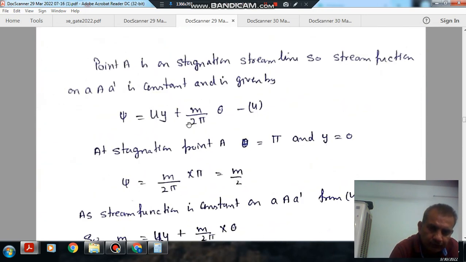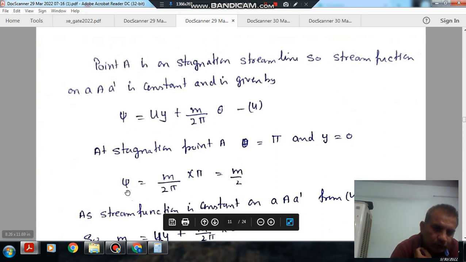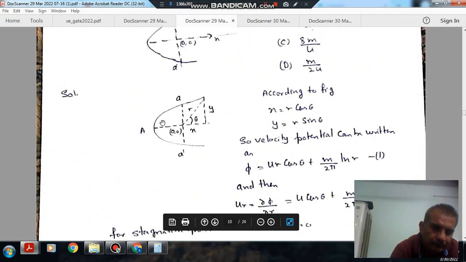So this is the general stream function, and at point A the theta is equal to pi and y is equal to 0, so the stream function is m by 2 at point A, and this stream function will remain constant along this curve.